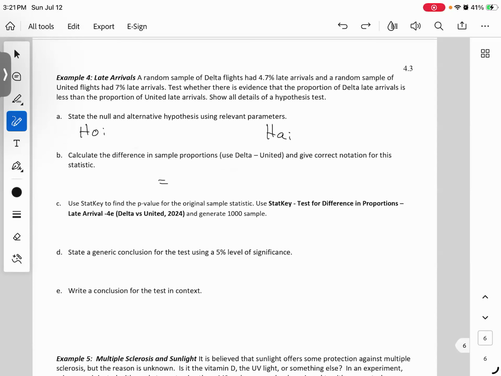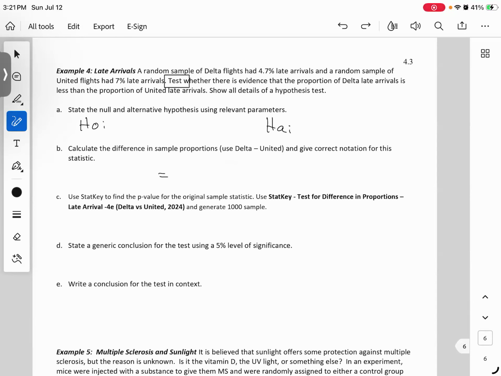But go ahead and read example 4. Again, that word test is meant to give you whether it's about p's or mu's, whether it's less than, greater than, differs. And then B, I want you to also do B, and you'll see in a second once you read it, there's a proportion for Delta, there's a proportion for United, and they want you to subtract those.